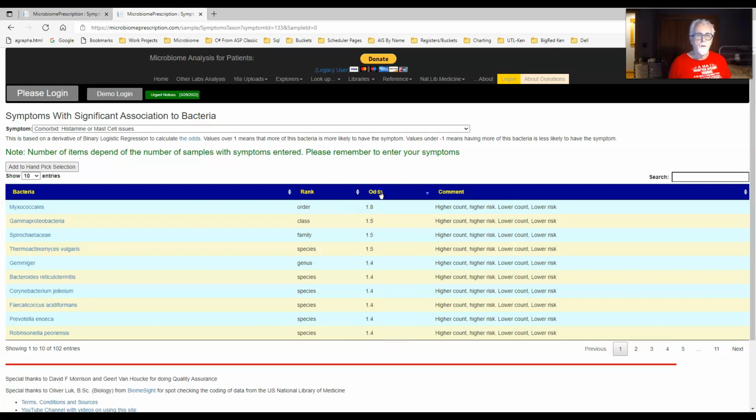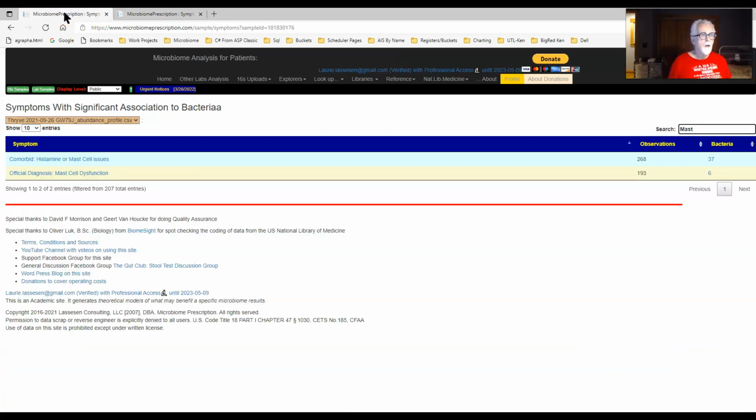Odds are positive or negative. Negative is what I did instead of the classic number between 0 and 1. I inverted and put a negative sign so that most people will understand it more easily than the technically correct way. So let's go back here.